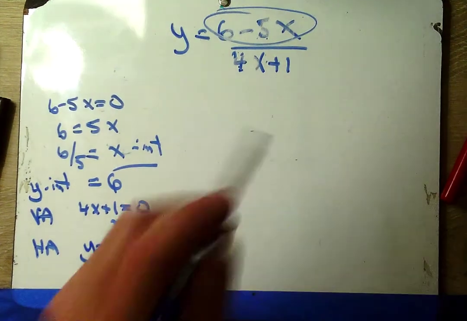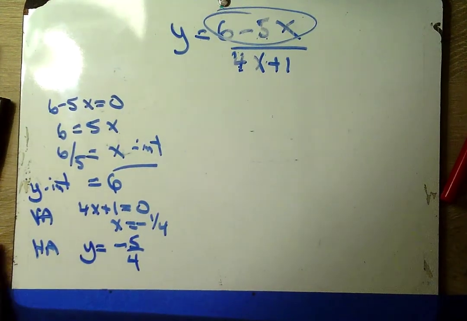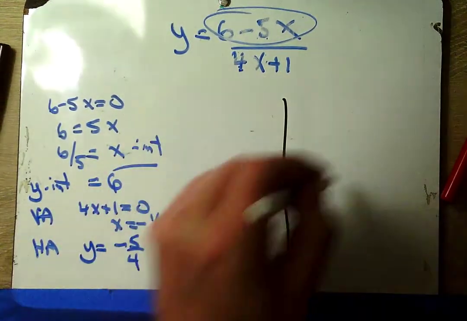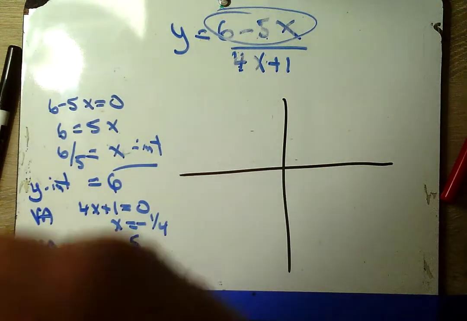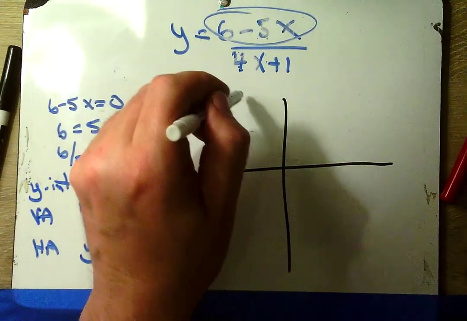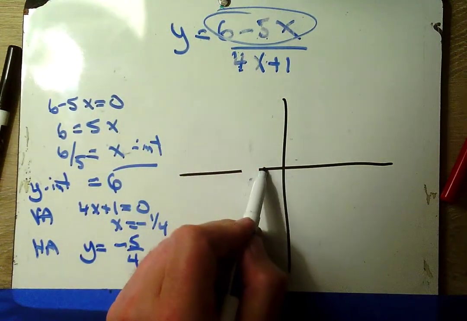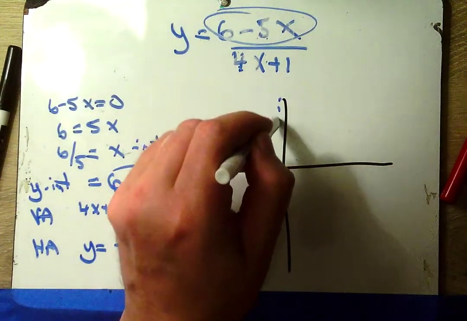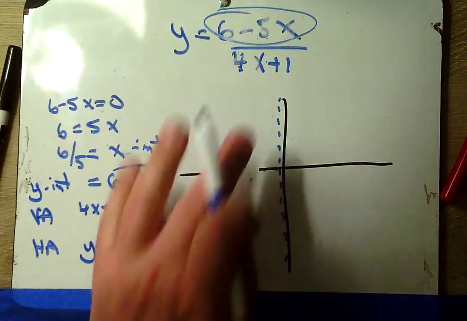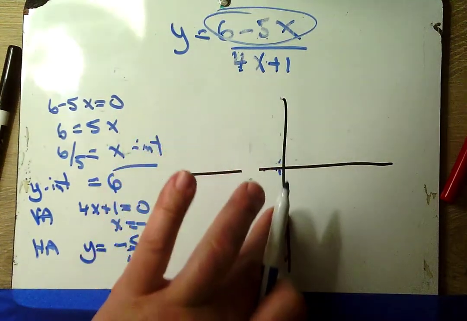So let's graph the things we know. We know that we have a vertical asymptote at -1/4. And look, please don't do this thing where you say, well, that's 1, so that must be 1/4, so I'm going to be right over here, because you're just making it hard on yourself.